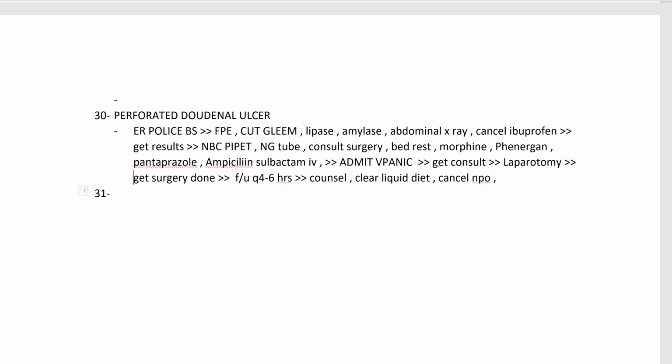Okay, now let's do Turner syndrome. This is what you want to do. First, you want to do a complete physical exam. You will find a webbed neck and this stuff. Then you want to order a karyotype, order FSH, and order LH.